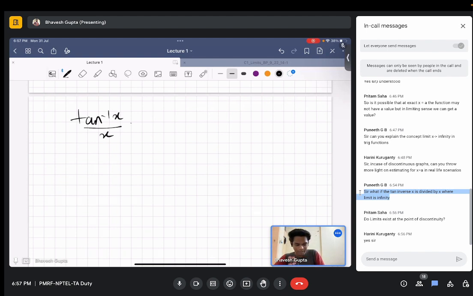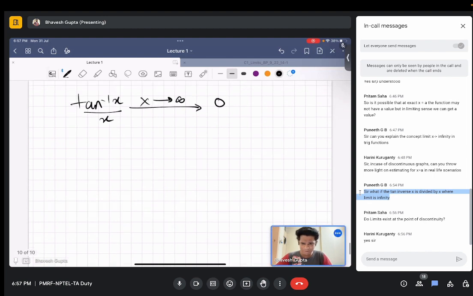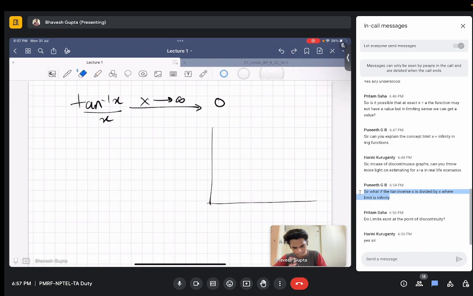This limit will go to 0 as x tends to infinity. Why am I saying that? There's a good reason. If you see the numerator, it goes to pi by 2, but the denominator goes to some very large number.